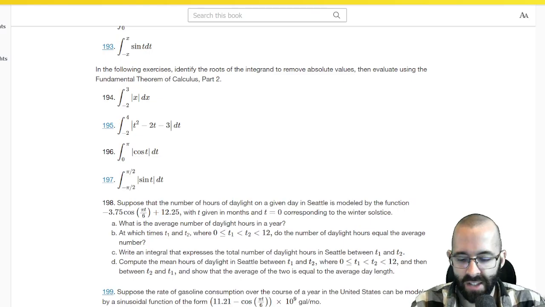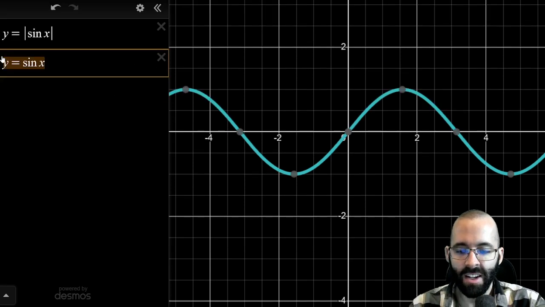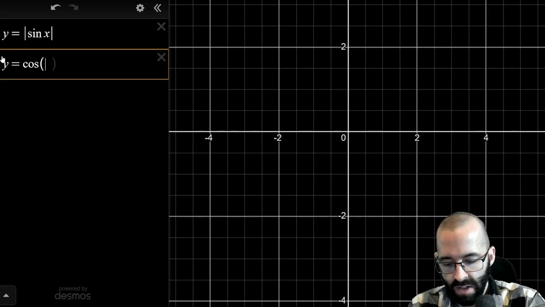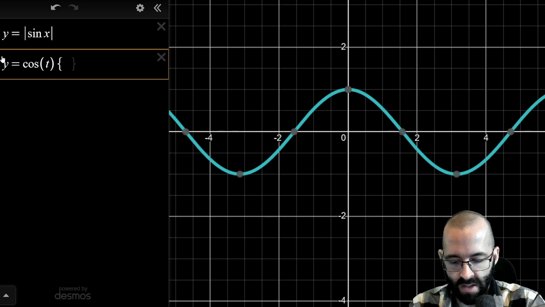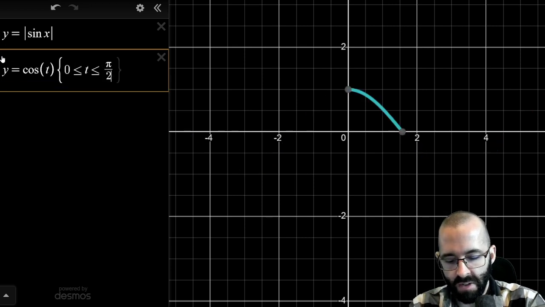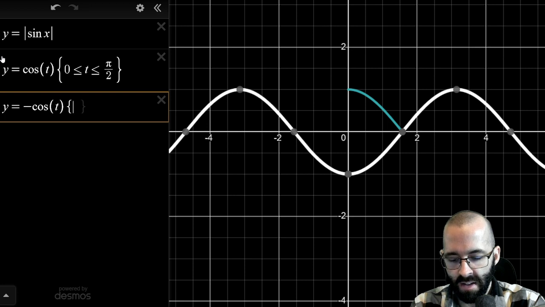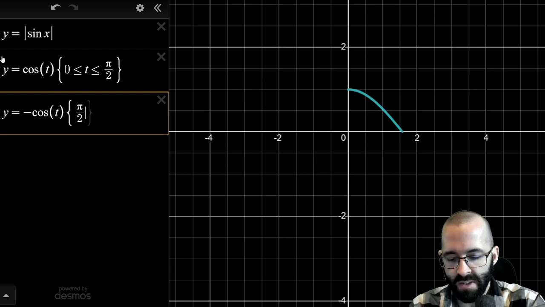And before we continue, if you doubt me, doubt is healthy, I can show you. Cosine of t, where t is between 0 and pi over 2, looks like that. And then negative cosine of t, where t is between pi over 2 and pi.